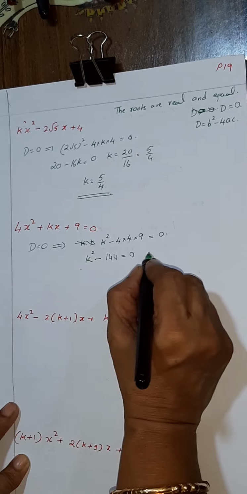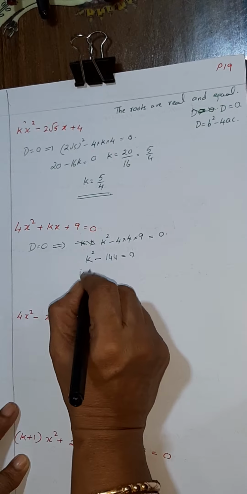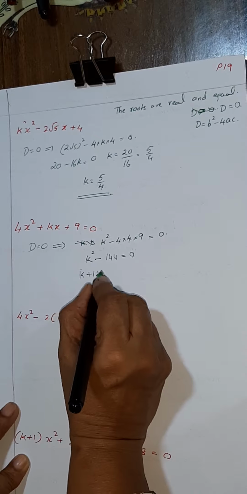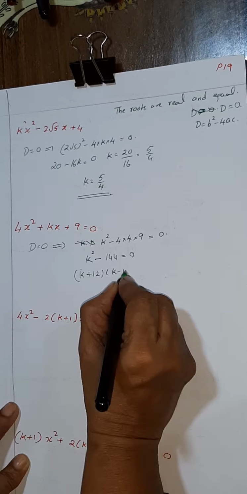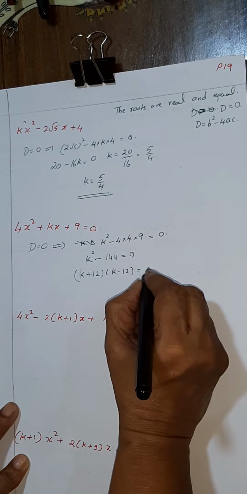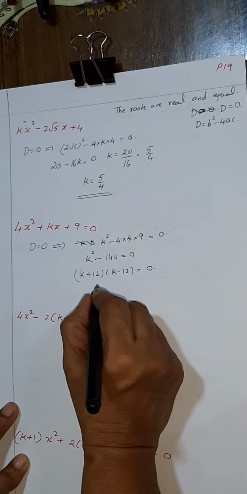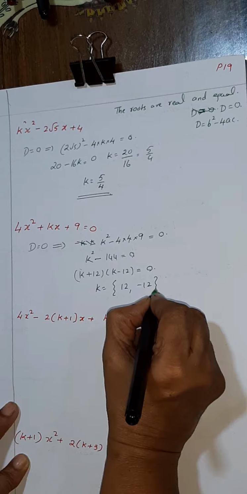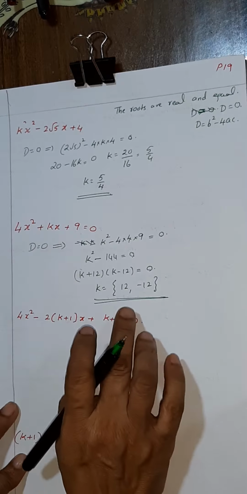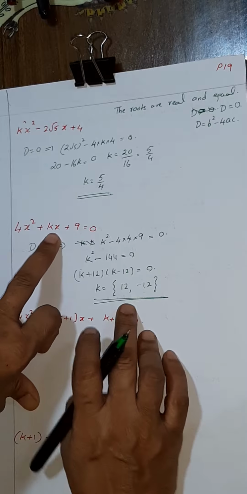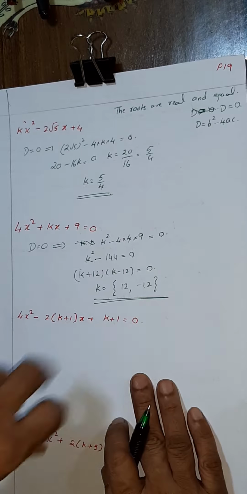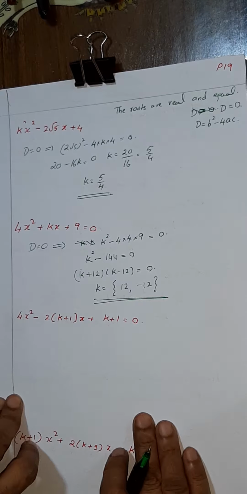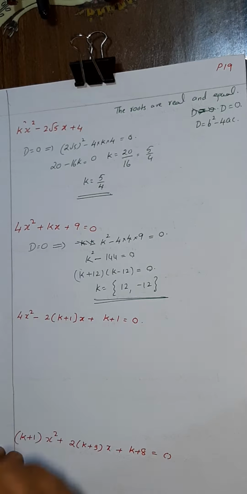So this will become k plus 12 into k minus 12 equal to 0. So k is equal to 12 and minus 12. So here for k you get two values, 12 and minus 12. For these you get the roots as real and equal.